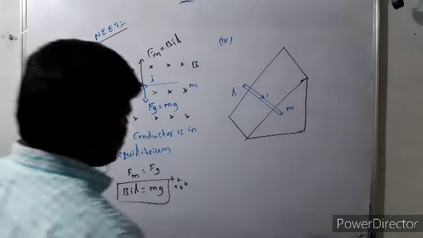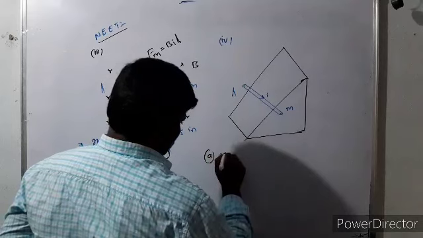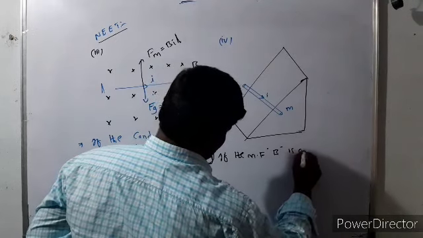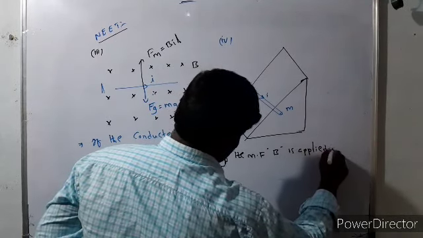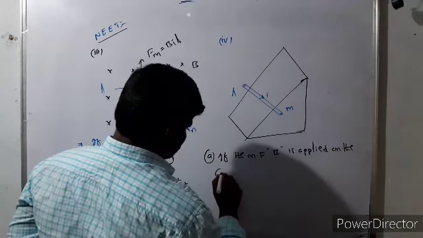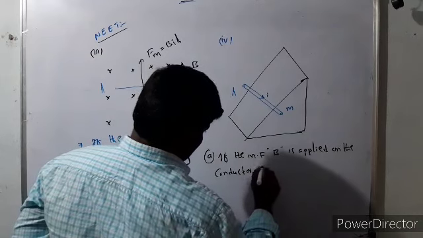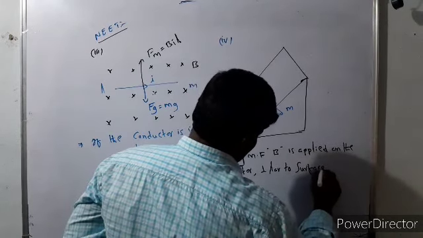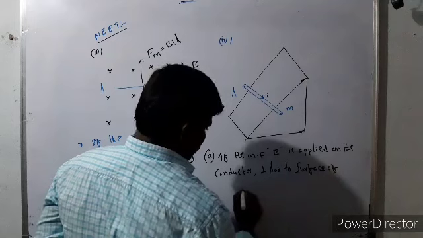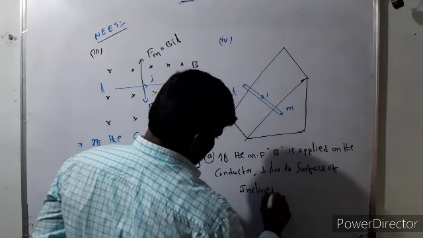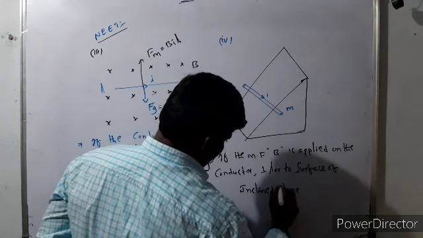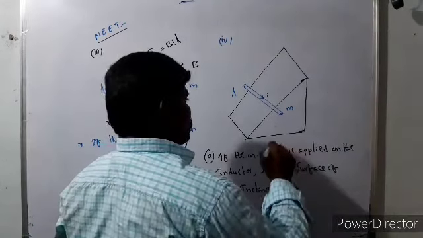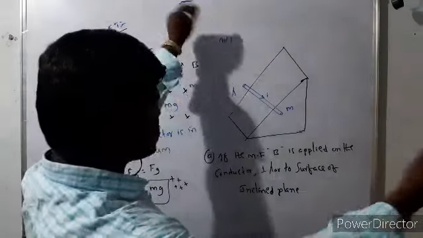Now, in this case one, if the magnetic field capital B is applied on the conductor perpendicular to the surface of the inclined plane, so here there is a magnetic field perpendicular to the surface of the inclined plane, what is the condition?